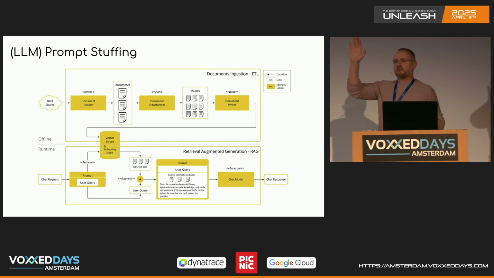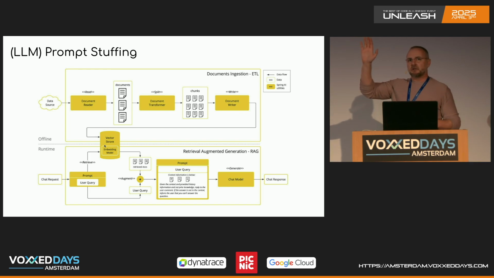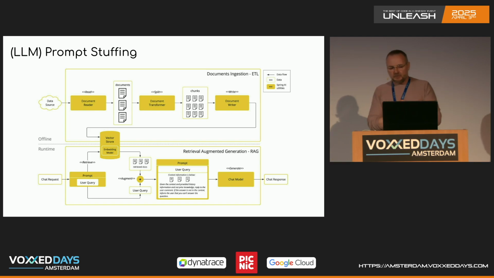How many of you know what vector data stores do? Okay, great. Vector data stores are something I very often call semantic databases, although it is a semantic data store only in combination with embedding models.